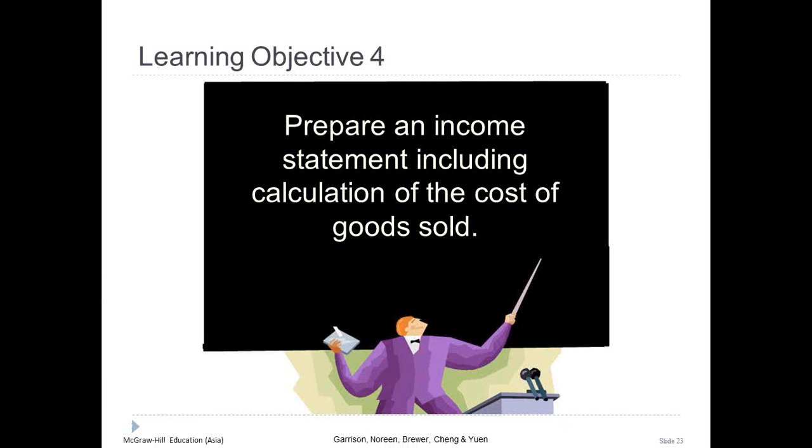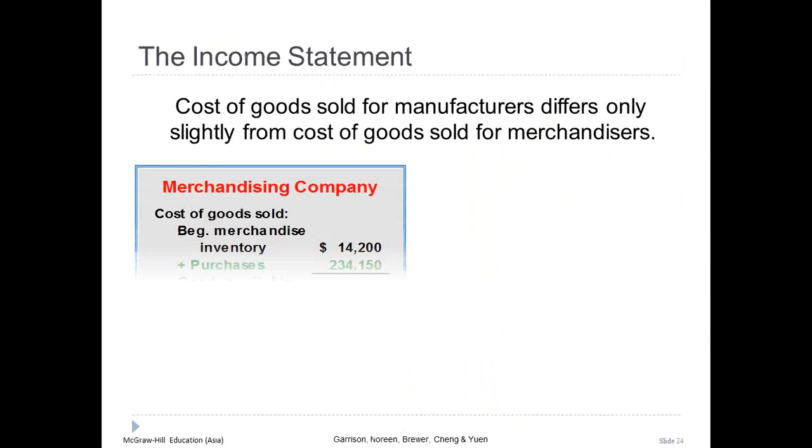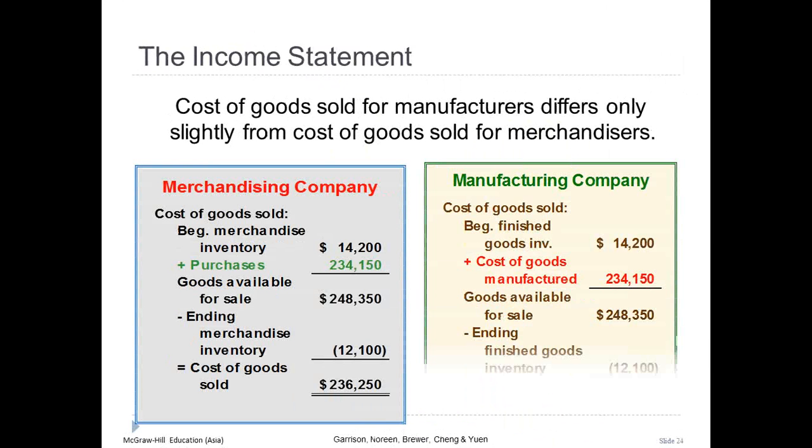Learning objective number 4. Let's prepare an income statement including the calculation of the cost of goods sold. Merchandising companies calculate cost of goods sold as beginning merchandise inventory plus purchases minus ending merchandise inventory.